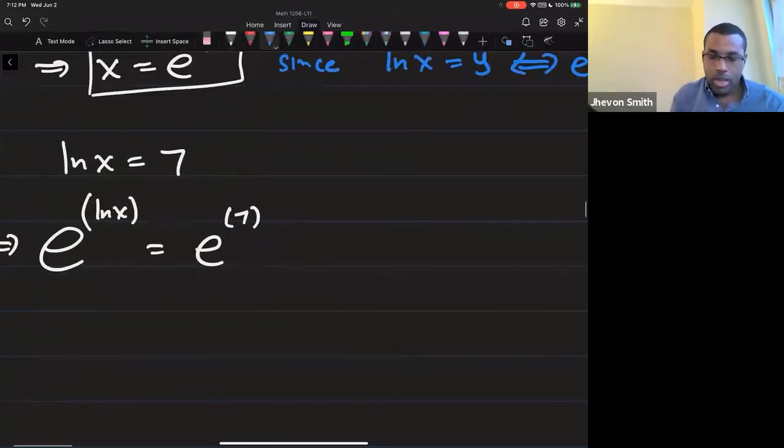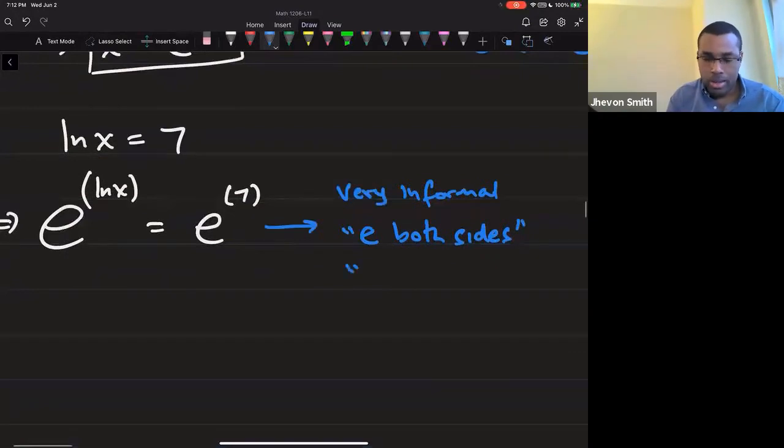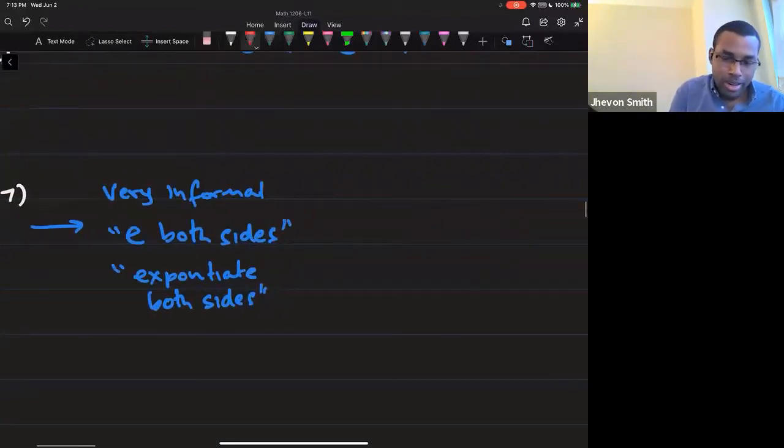So again, this is very informal because it actually doesn't even make any sense. English-wise, I might say e both sides, which is totally not what I'm doing. That doesn't make any sense to say, but I might just say that. Or, you know, exponentiate both sides or something like that. And it's very informal because it's linguistically incorrect.